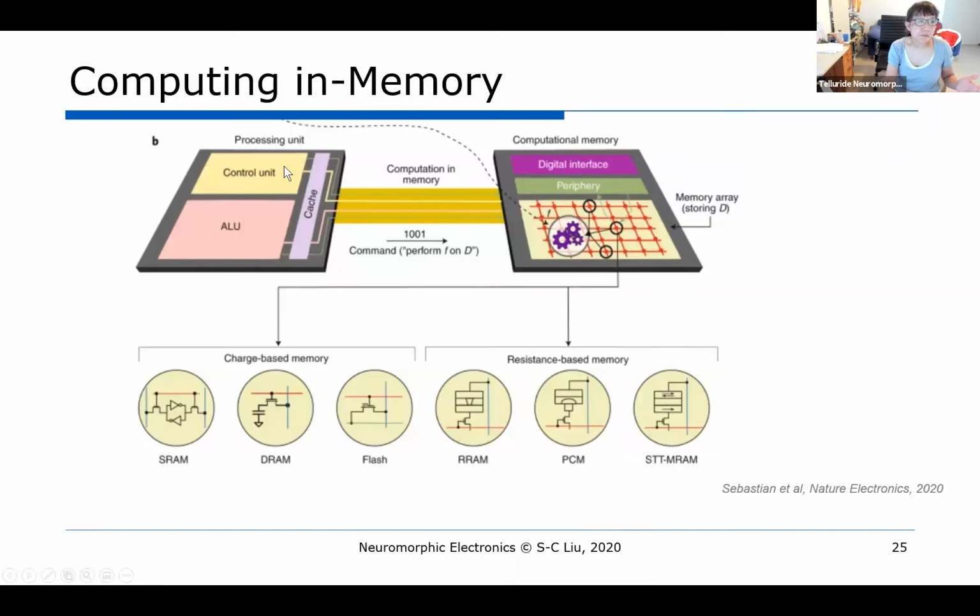Usually the control unit will fetch the values from memory and then give them to the logic unit, which then puts them back again after it has computed on the information. But here you can actually try to do the computing within the memory. So you're going to increase the energy efficiency of this new type of systems. These are going to be very interesting in the next few years, and you can read a very nice article in Nature Electronics that came out this year.